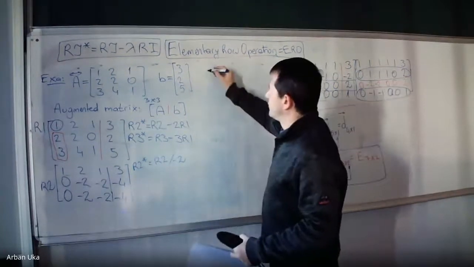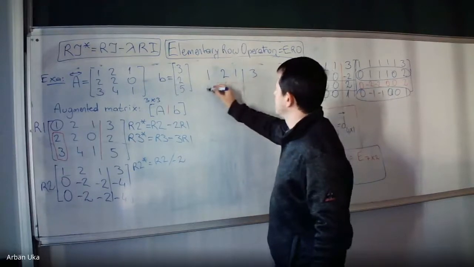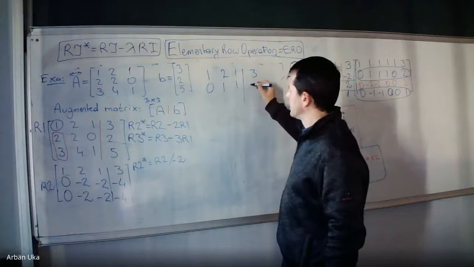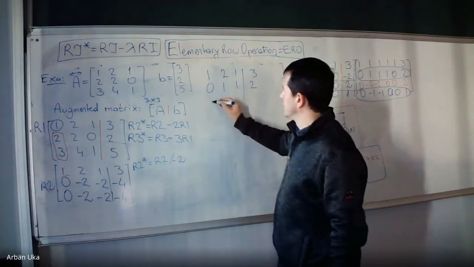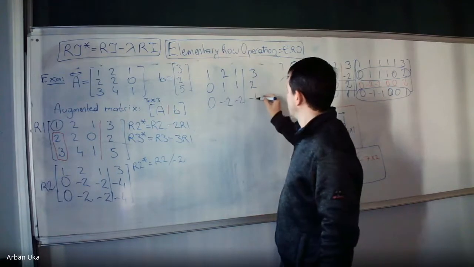Then we get the following: 1, 2, 1. This remains as 3. This is 0. If we divide by -2, we get here 1, 1, 2. Then here we get 0, -2, -2, -4.